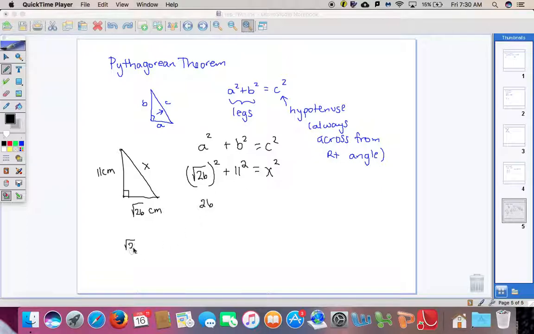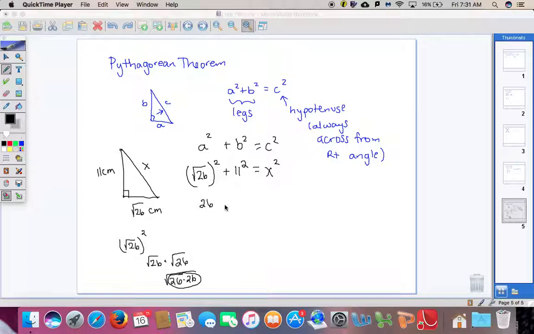And that's because if we have the square root of 26 squared, we have the square root of 26 times the square root of 26. And if we have 26 times 26 under the radical, we know that this is a pair, and one will come out. So by definition, if you have the square root of something squared, whatever's underneath the radical will be the solution for that, or will be the simplified form.